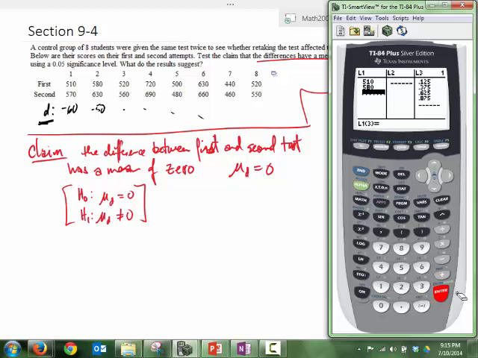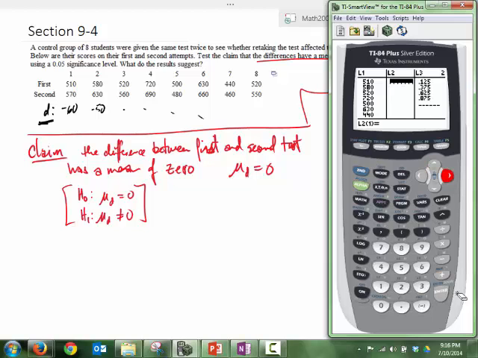I'm reading it sideways, but I'm writing it down. The calculator's having it written downwards, so just make sure you're okay with that. So we got 500, 630, 440, and 520. All right, got 8 numbers down.